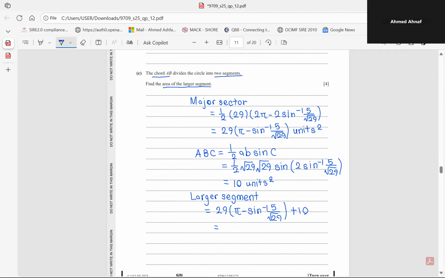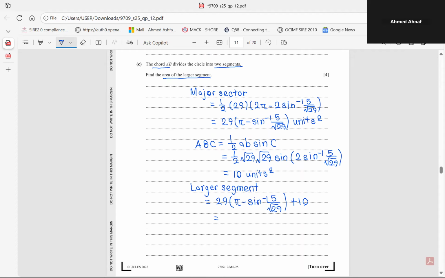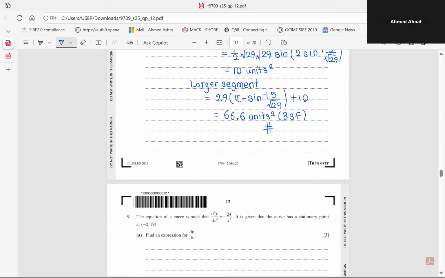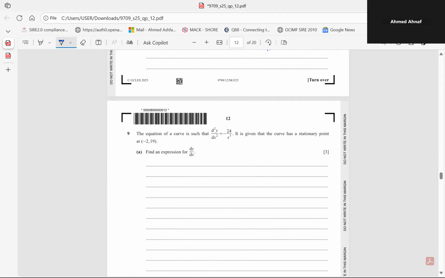So adding those up, you would get 66.6 units squared to 3 s.f. So this is our final answer. Let's head on to the next part, into the next question.